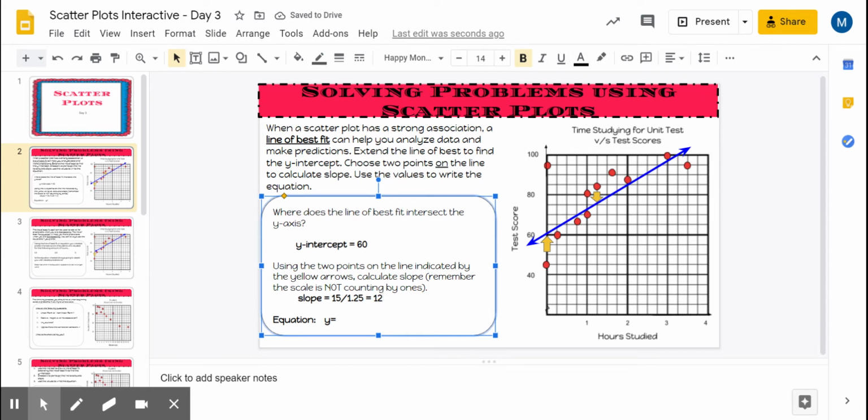But don't be surprised when you do that if you get a very strange number. Sometimes the decimals are like 0.00376 for the slope. Okay. So when we write our equation for the line, it's y equals mx plus b. So our m is the slope of 12, x plus 60.